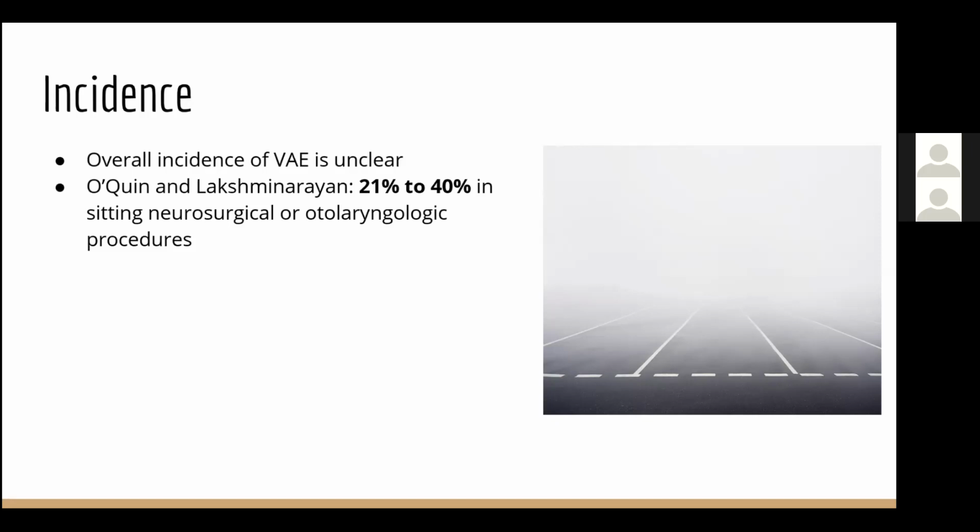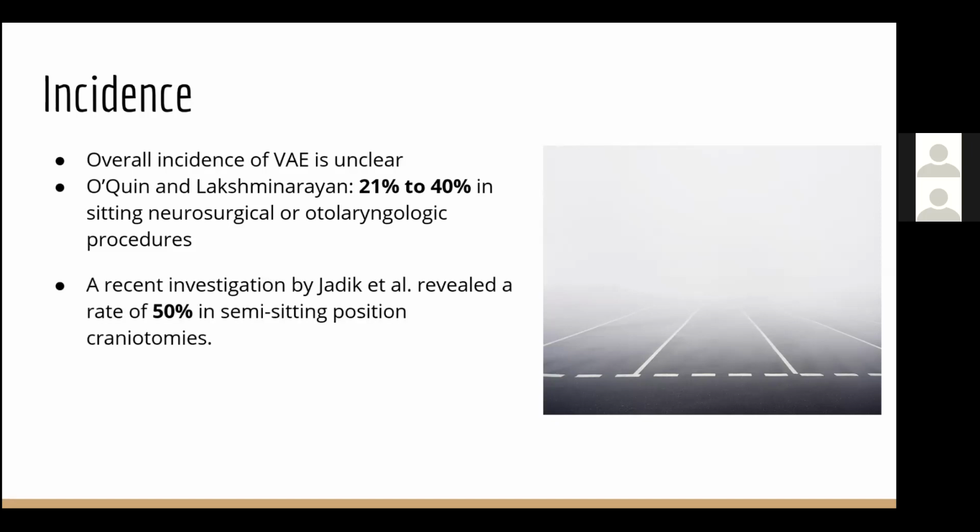So what's the incidence? Incidence is unclear because the studies we have which tell us about the incidence of venous air embolism depend on the technique which they used to detect it. One study shows that the incidence is around 21 to 40% in sitting neurosurgery or ENT procedures.